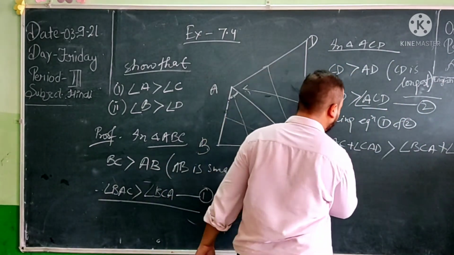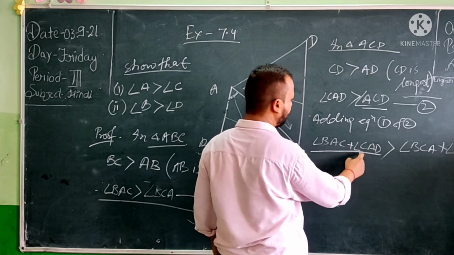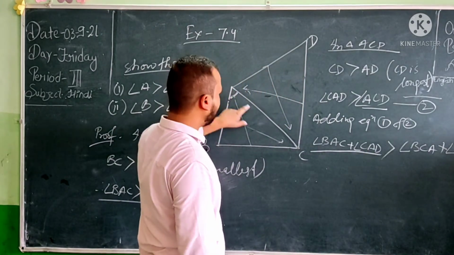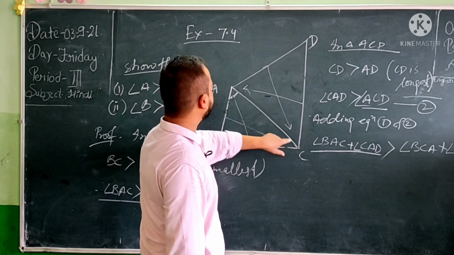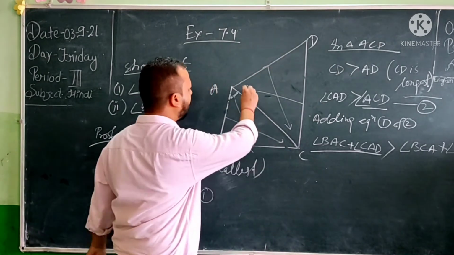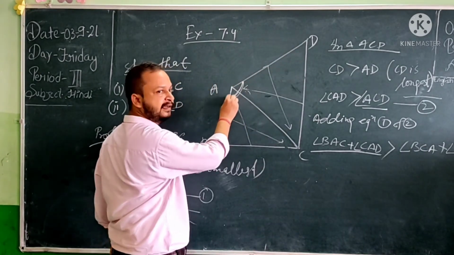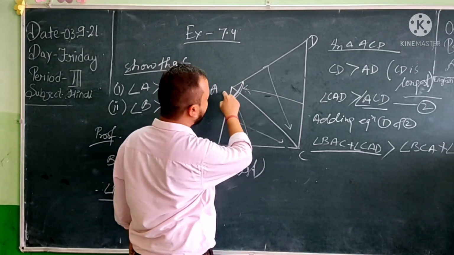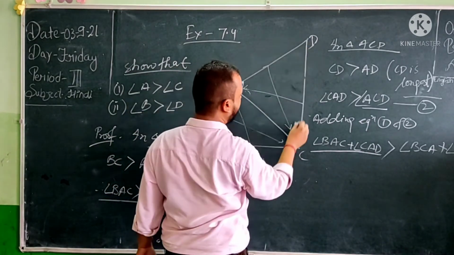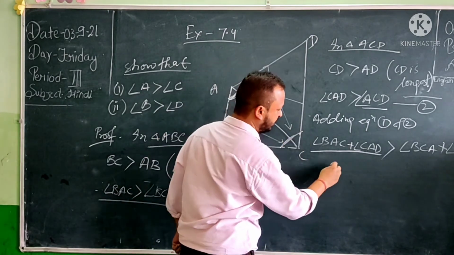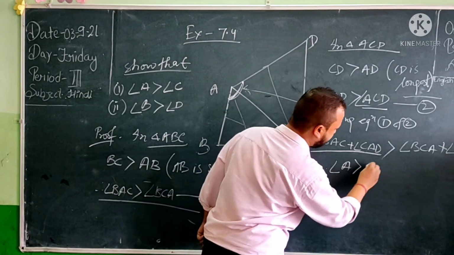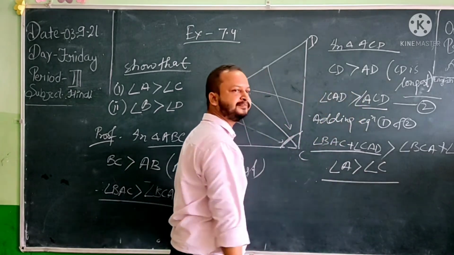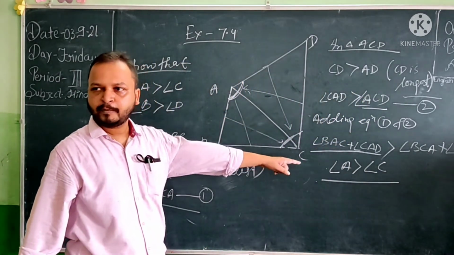Now, addition of these two, BAC plus CAD, that is what? Total angle A. And here BCA plus ACD is what? Total angle C. So it means angle A is greater than angle C. First part we have proven.